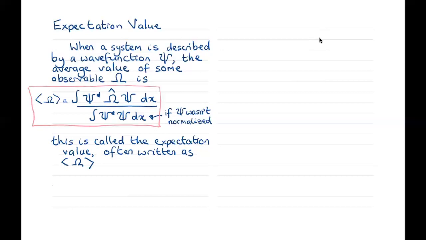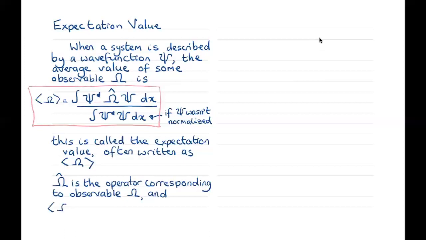So again, our notation, omega hat is the operator corresponding to observable omega, and omega in pointy brackets, which is the integral of psi star omega hat psi over all space, is the expectation value, the average value of omega for wave function psi.